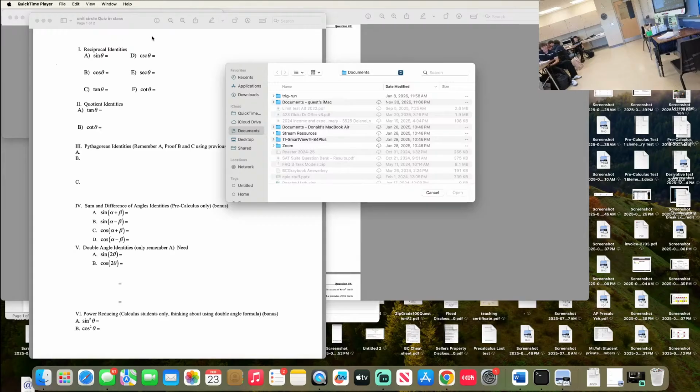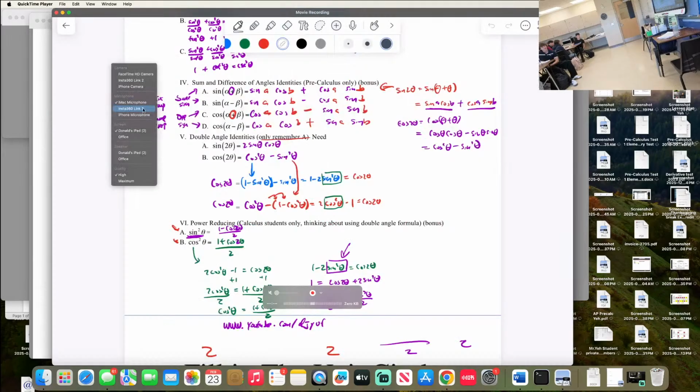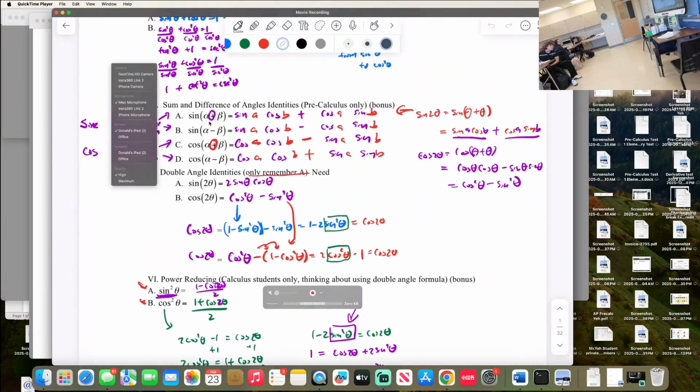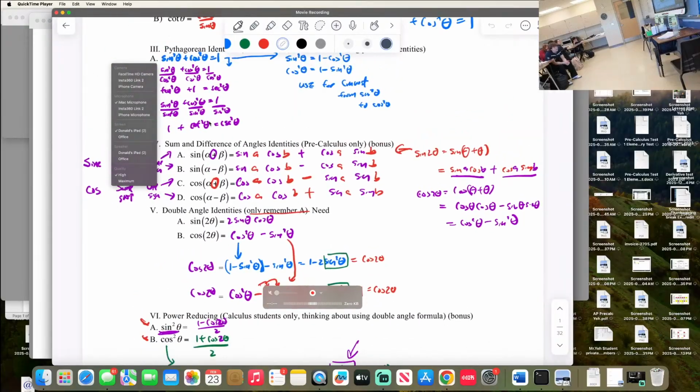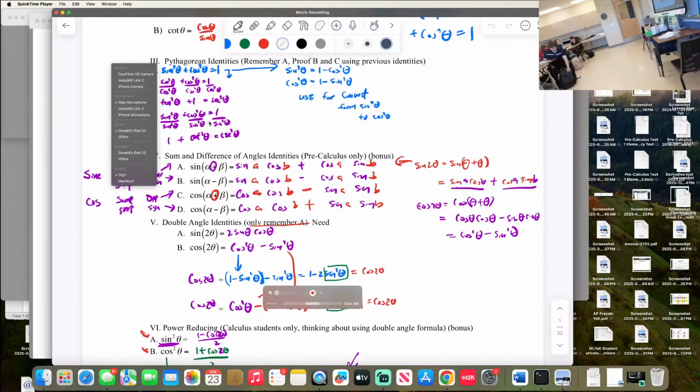All right, so you should know all this here. Do you recognize that we already did the first part? You're supposed to memorize the first part: reciprocal and quotient and Pythagorean identities, and then sum and difference, power reducing, and double angle.